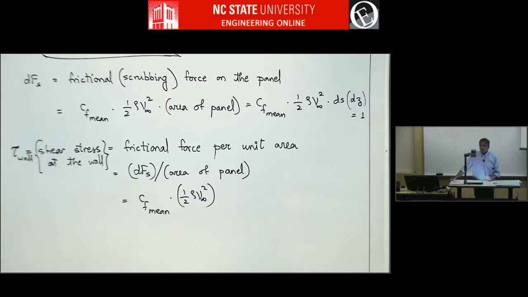Are you all familiar with the tau at the wall? I mean, you've heard about it in other circumstances, right? Boundary layer theory or CFD or something. Wall shear stress is a big, important aerodynamic property that determines drag and how boundary layers grow.